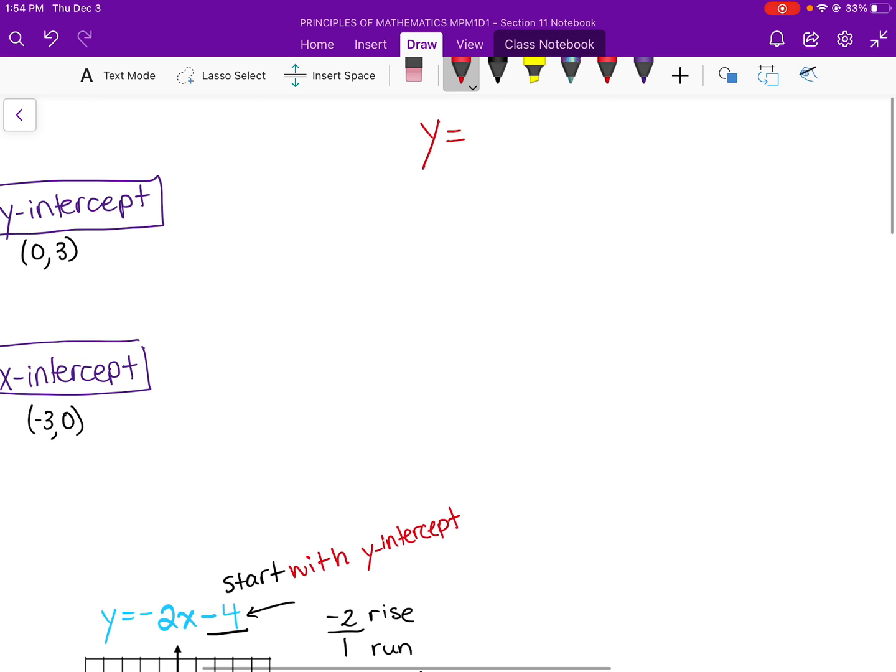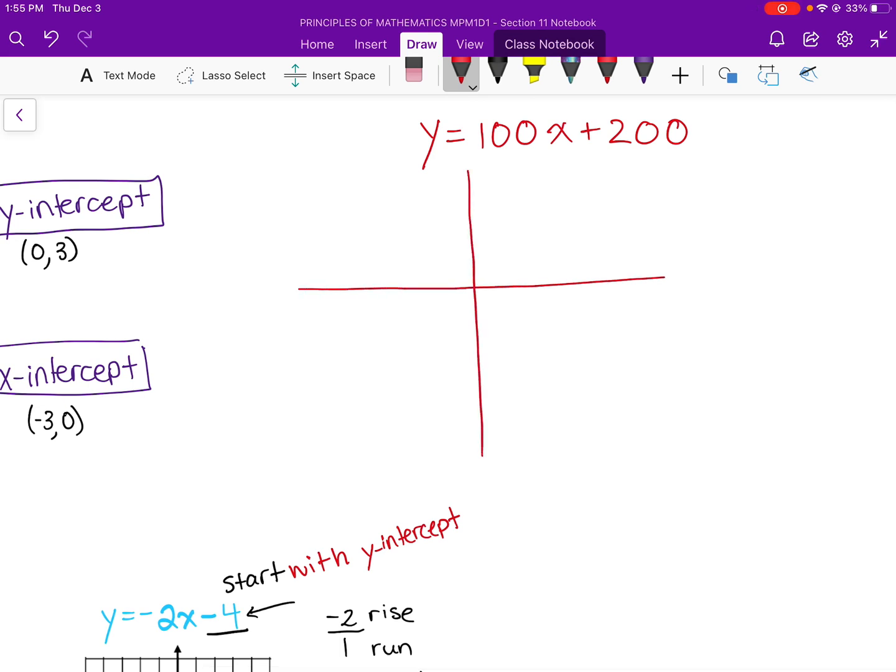So if you have 100x plus 200, and I wanted to graph this, I guess I'm gonna have to change my scale, like you were saying. Can't really go up by ones, you'll never get it. So say I went up by 50s.